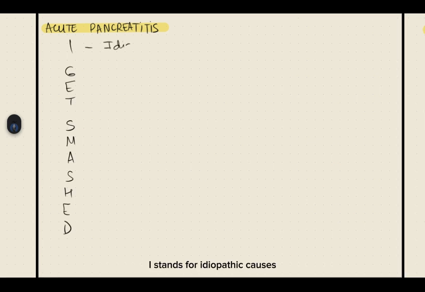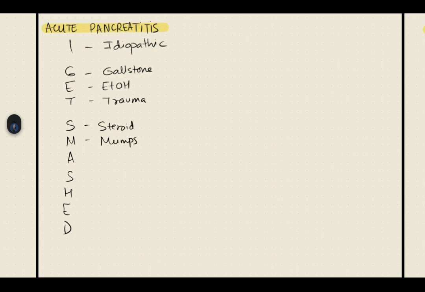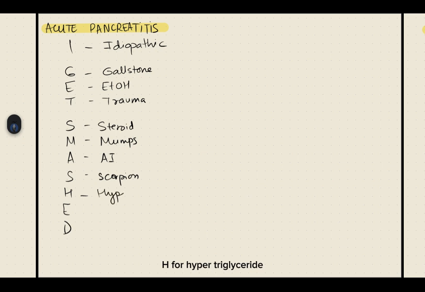I stands for idiopathic causes, G for gallstones, E for ethanol, T for trauma, S for steroids, M for mumps, A for autoimmune, another S for scorpion stings, although it's very rare, H for hypertriglyceridemia, E again for ERCP, and D for certain drugs.